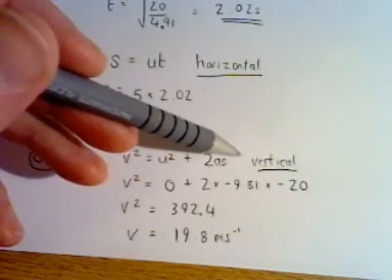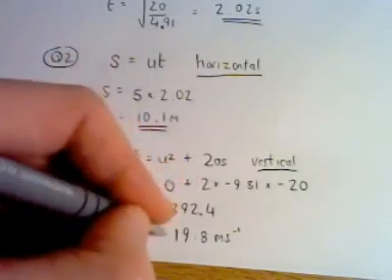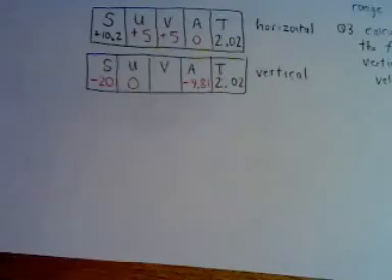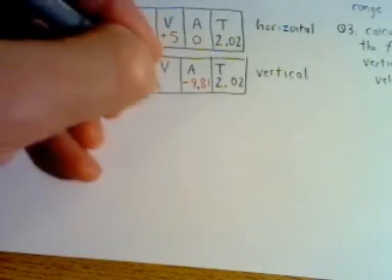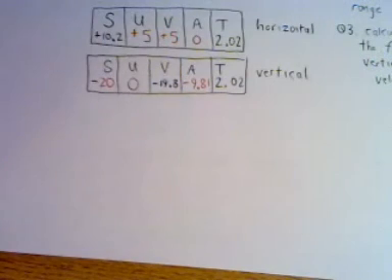Well, it's moving downwards, our snowball, and downwards is in negative direction, so our final vertical velocity will be minus 19.8 meters per second. And if we return back to our original grid, we can now add in minus 19.8 meters per second.